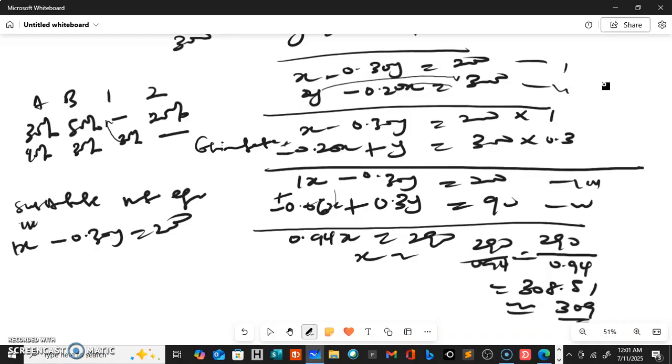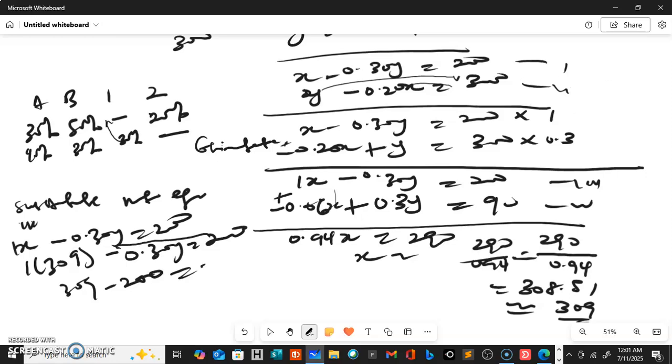Now that we know x is 309, 309 minus 0.30y equals 200. When the 200 comes down here it becomes minus 200, and minus 0.30y, when it comes down, becomes 0.30y. So we're now left with 109 equals 0.30y.